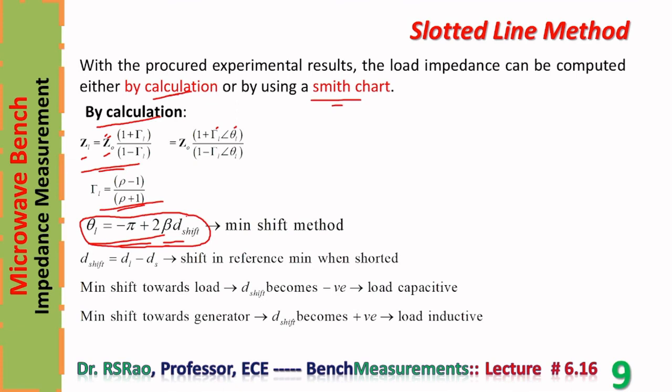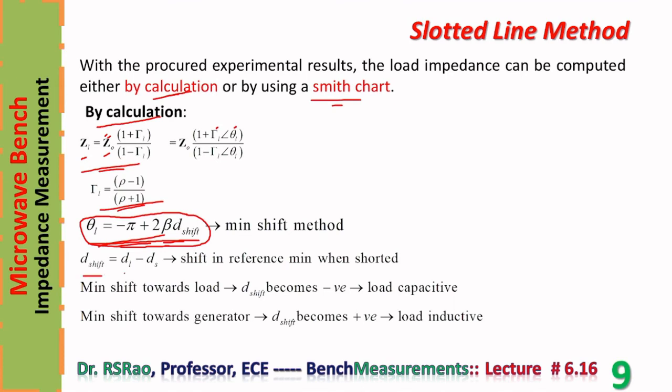Same is the case with capacitive loads. So the location or distance of the first minimum is an indication. It gives a lot of information pertaining to the load or type of load. So this relation has come from the connection between type of load and distance of the first minimum from the load in the standing wave pattern.